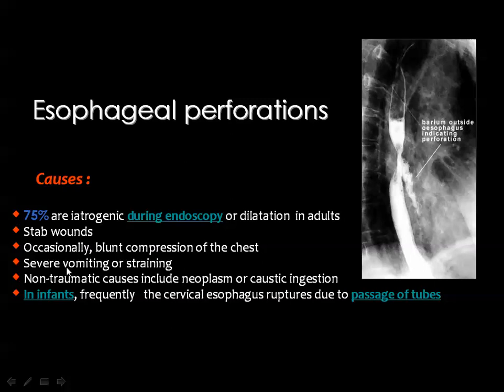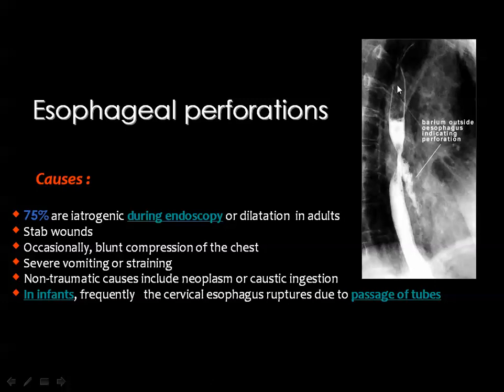And sometimes the esophagus may rupture secondary to severe vomiting and straining. And the non-traumatic causes also include rupture due to neoplasm or caustic or corrosive ingestion. Then in infants, the rupture of the esophagus is frequently due to passage of tubes, and it usually affects the proximal part of the esophagus.